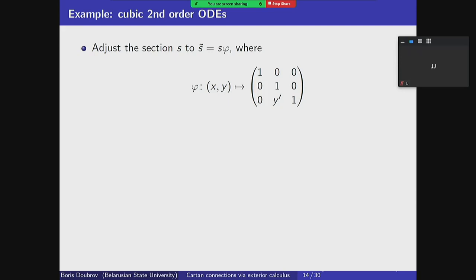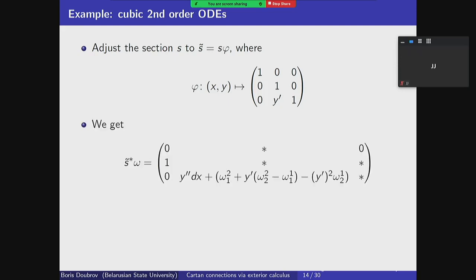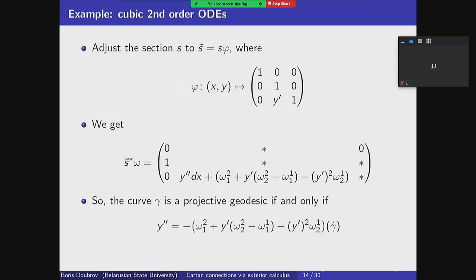If we now use the gauge transformation using this section, it will exactly eliminate this slot, but make the next element here quite complicated. So we get this thing appearing, and the vanishing of this expression is exactly the equation on geodesics. So our equation on geodesics is written exactly like that.